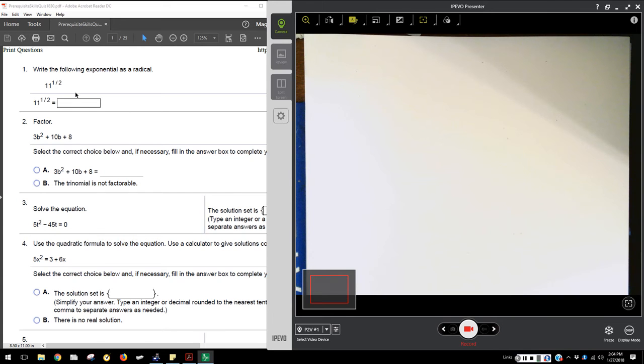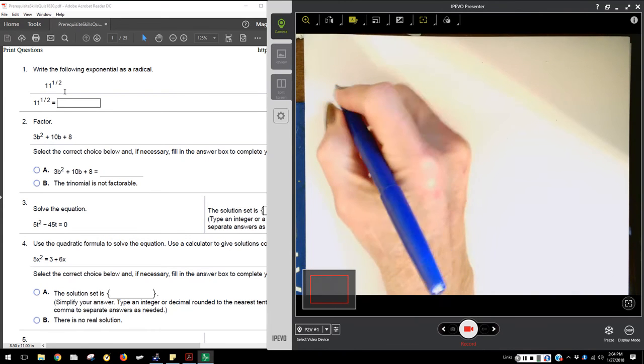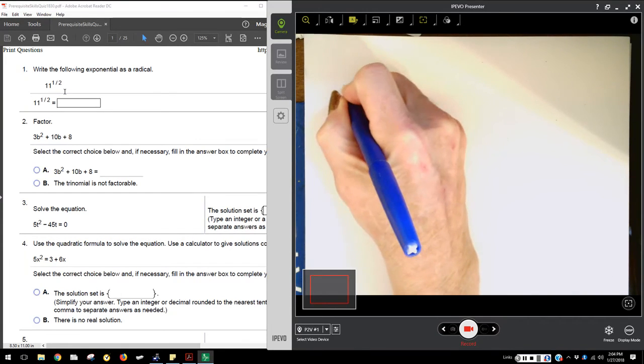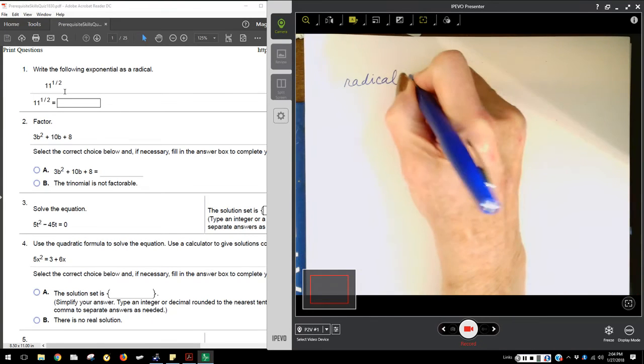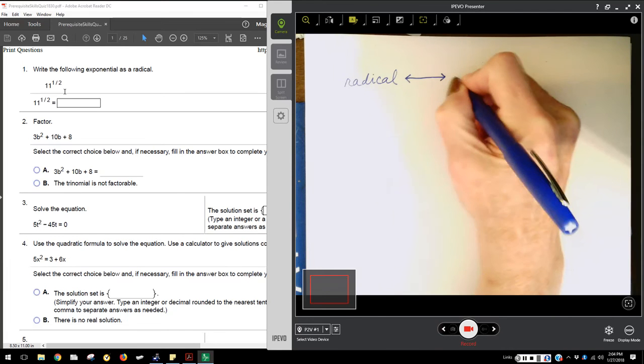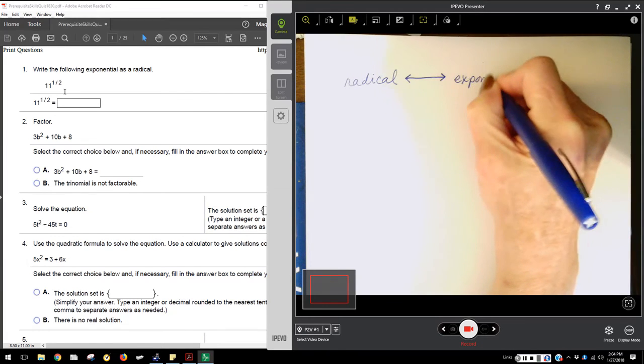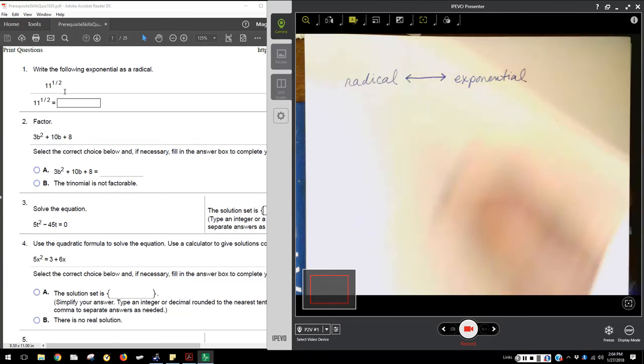And the first problem says to write this exponential as a radical. Now, the review part of this, what you need to remember is that initially when you had algebra a long time ago, probably didn't even review this in 1630, there is a relationship between the radical form of an expression and the exponential form of the expression.